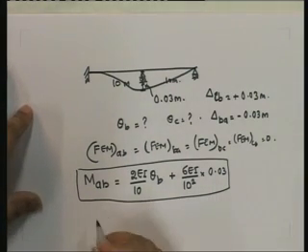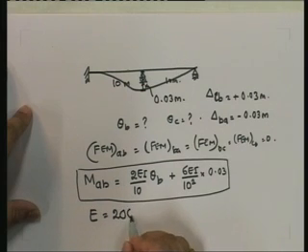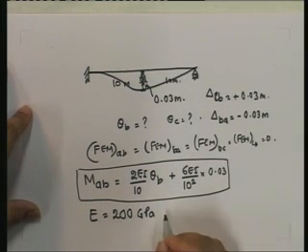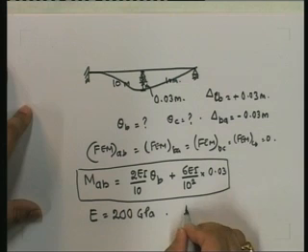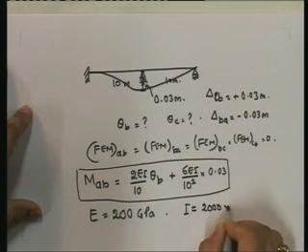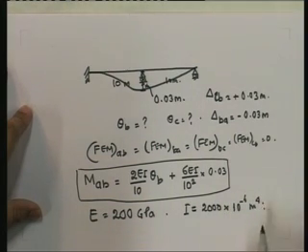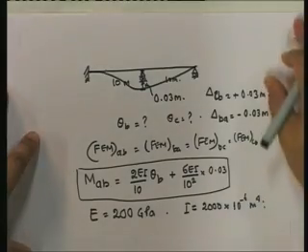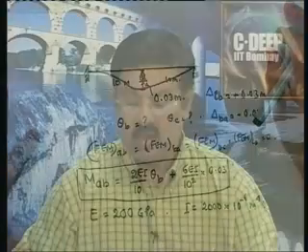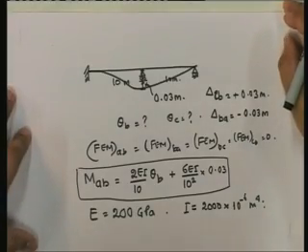E is 200 gigapascals and I is equal to 2000 into 10 to the power of minus. These are some of the values that you have been given. Once you know E and I, you'll be able to solve for this. More about this in my next lecture.